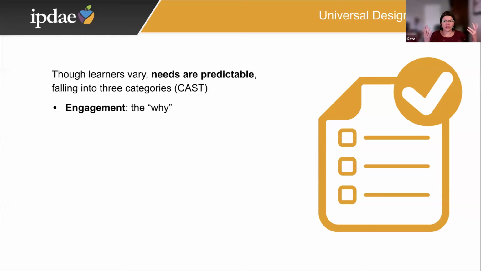So if you have some input on this, I'd love for you to put it in the chat. But what are some different ways our students get interested? Well, for a lot of our students, I've noticed it's real world applications. They want to know, how is this really going to relate to my life?